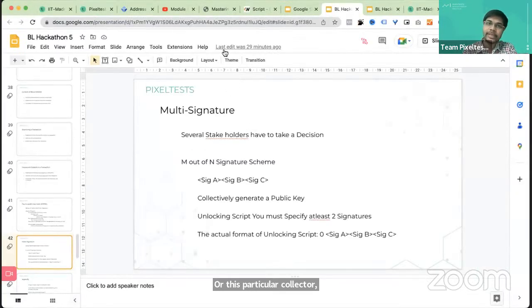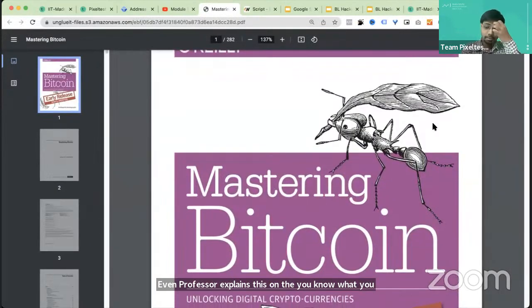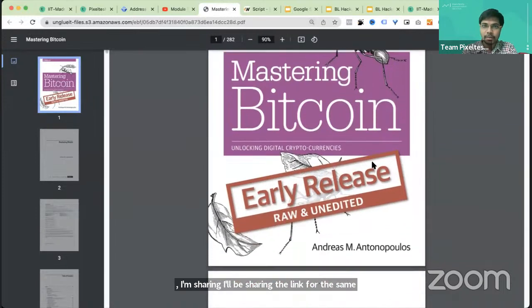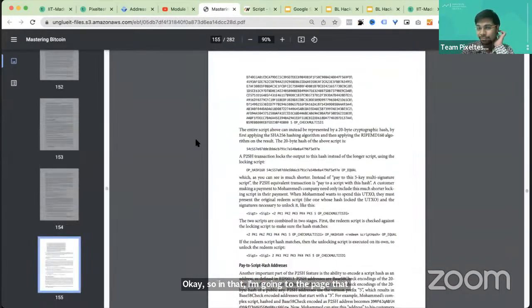The professor also explains this in the resource that we have, the actual book, which is Mastering Bitcoin by O'Reilly. I'll be sharing the link for it. I'm going to the page that the professor explains, which is 155.